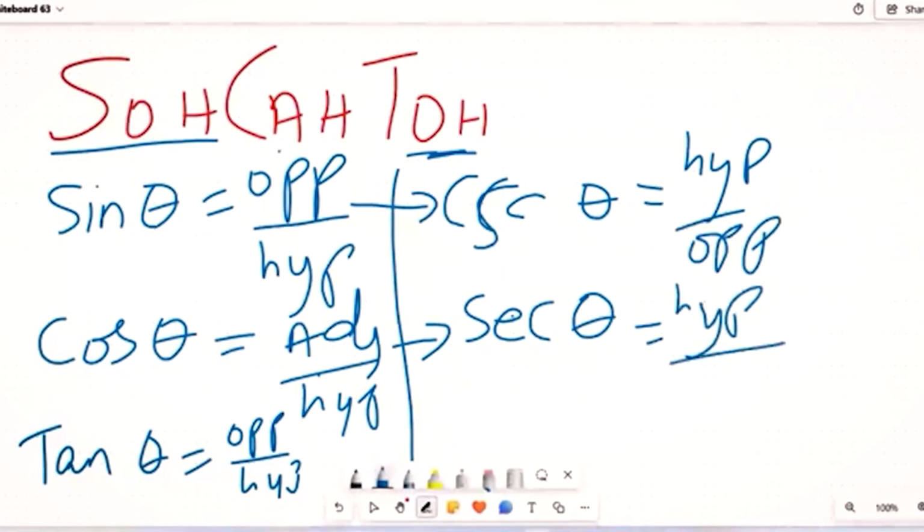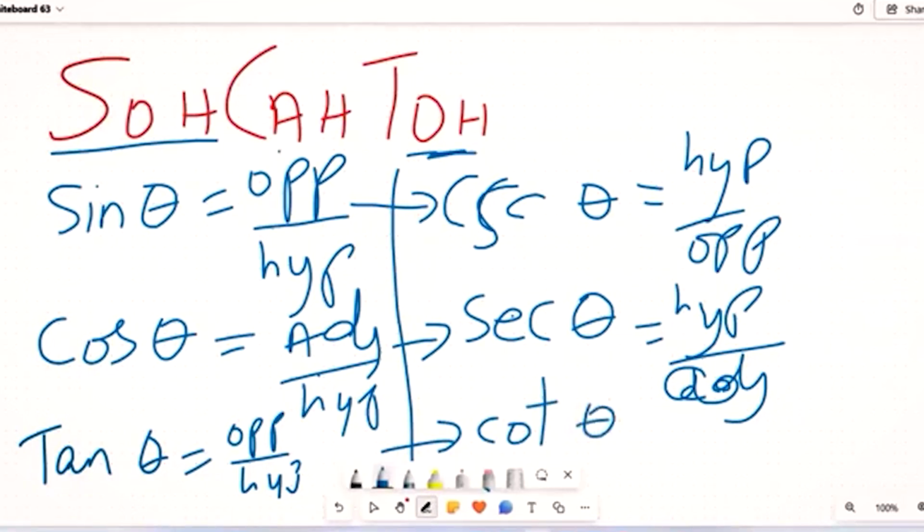Also, tangent has a brother called cotangent, and I'm going to just call it cot. Cotangent is the reciprocal of tangent.